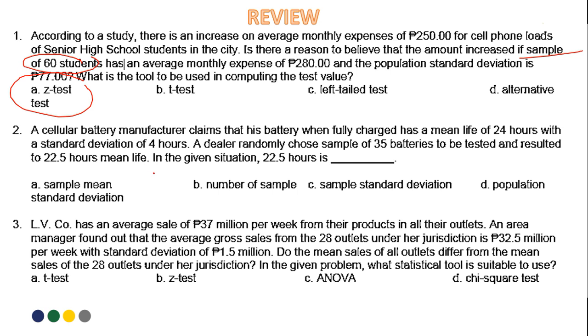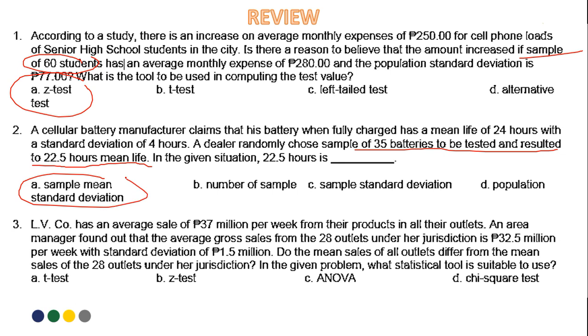Answer is letter A. So sabi niya dito, a dealer randomly chose sample 35 that resulted to 22.5 hours mean life. Very good. This is a sample mean.